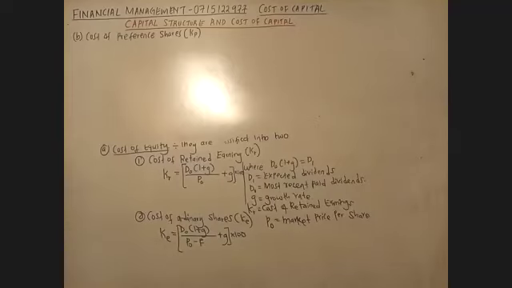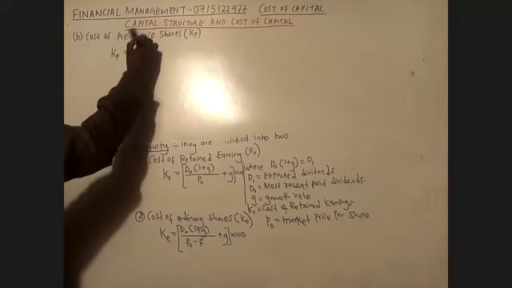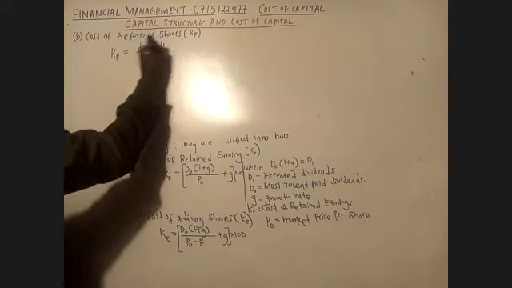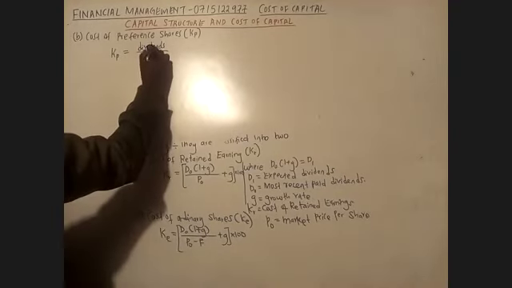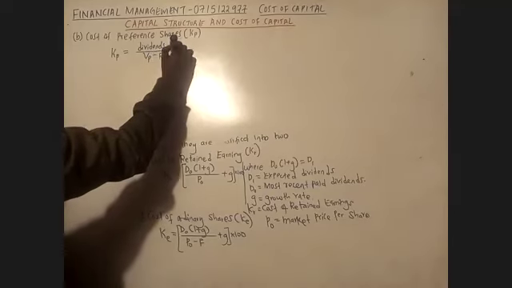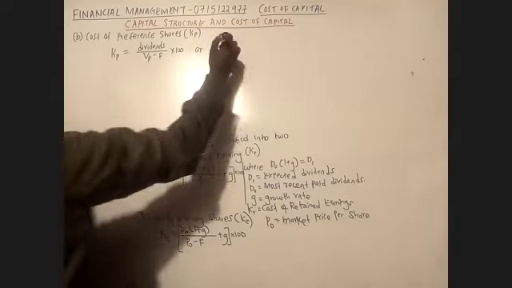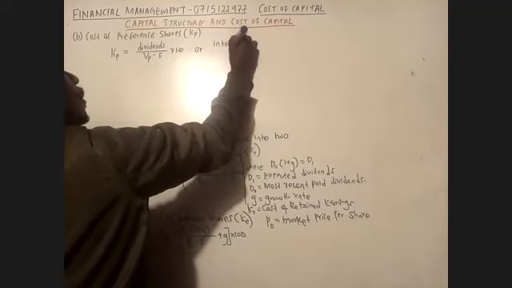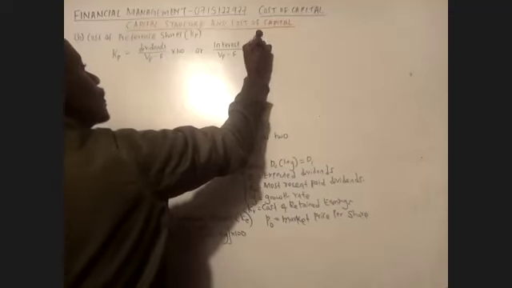So KP means cost of preference shares, and KP is equal to dividends over VP minus F, times 100, or it can be interest depending on the equation.